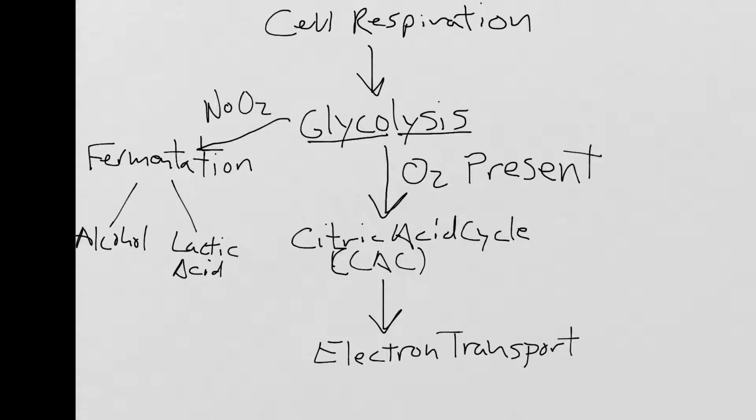So just remember that. Everything else is building up to that electron transport chain, and it is very, very useful and very productive when it comes to making energy. So, let's start into the individual steps now.